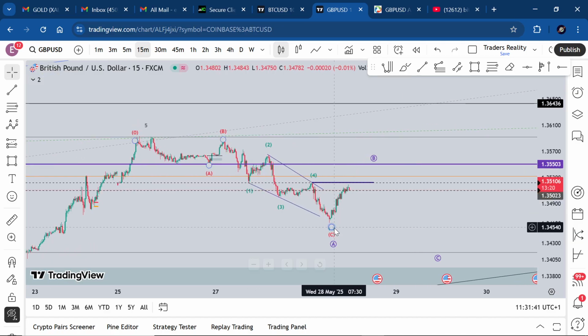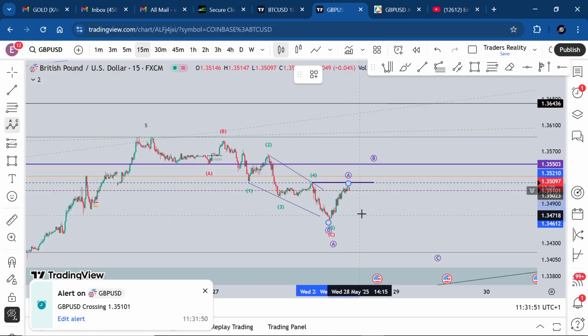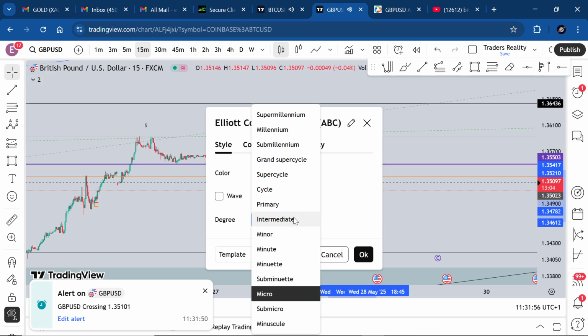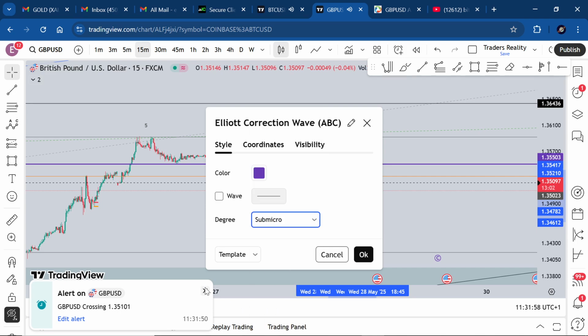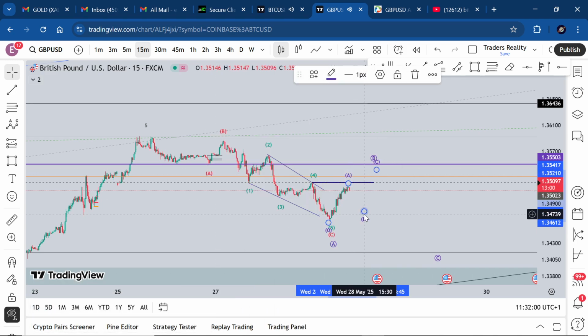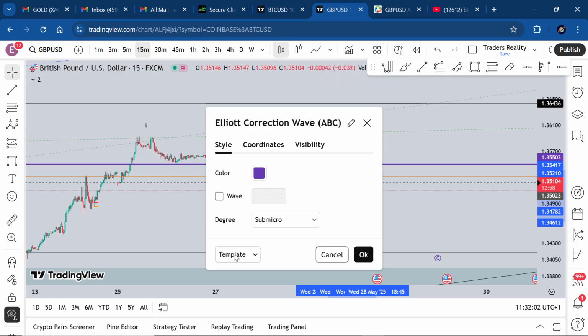I am expecting, all right, this, to me, is an A wave. And let me put it on the chart. To me, this move up here, impulsive looking A, looking for a B and then a C into there. That is my count, that is my bias.